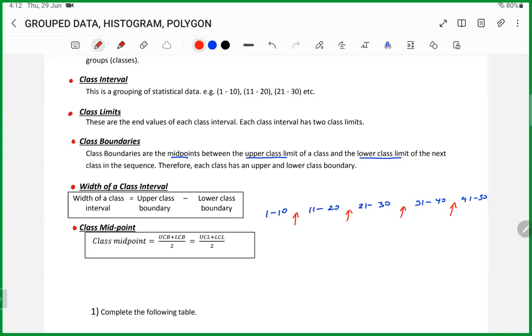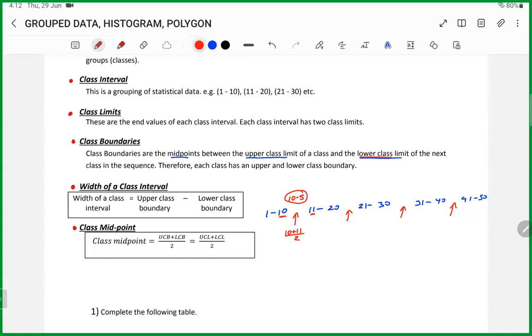Okay, the upper class limit of the first class is 10. And then the lower class limit of the next class is 11. So if we just take the average of 10 and 11, we will get 10.5. You see? So the boundary is 10.5. It's the average of 10 and 11.